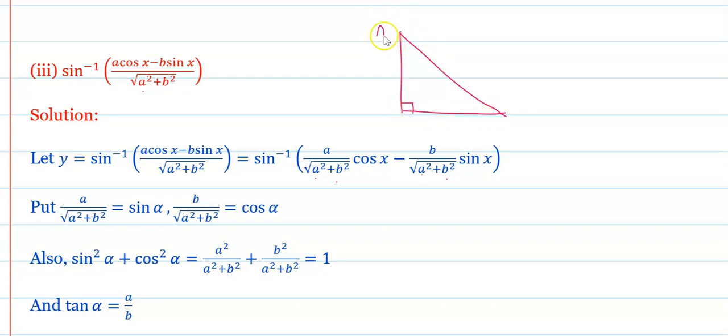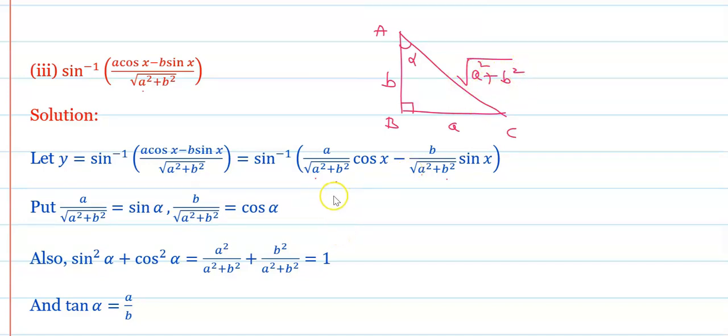This is triangle ABC. A upon under root of means what? Opposite side. If I take alpha here, and this side is b, its hypotenuse is under root of a square plus b square. Okay.